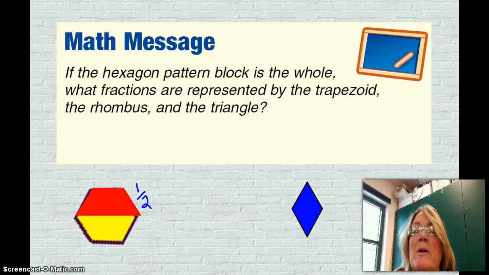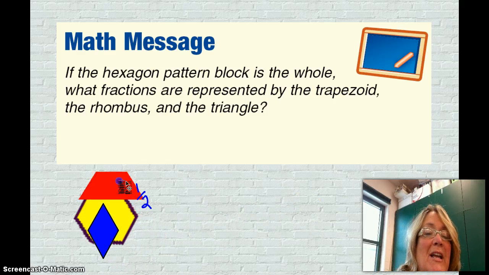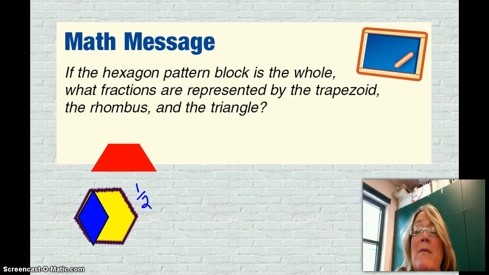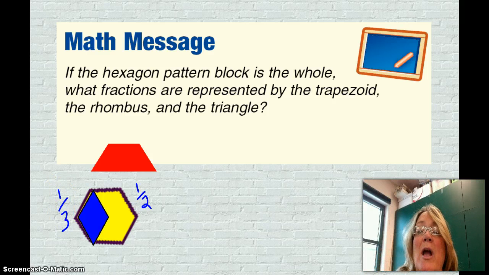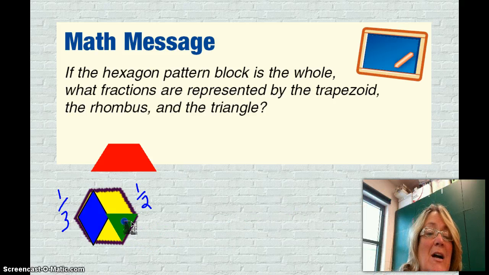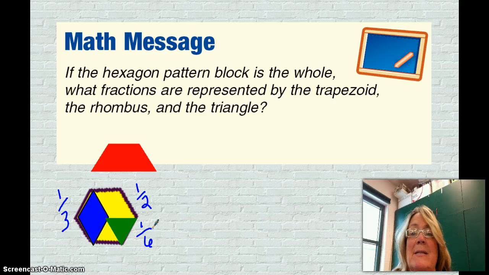You should also notice by now that of our rhombus, it takes three of those to fill up that same spot. So that is a third. And our triangle, the final one, when used in order to fill it up, is worth a sixth, because it'll take 6 of those to fill up that hexagon.